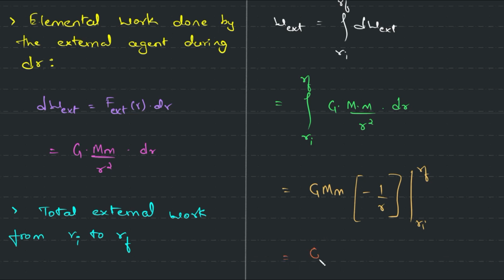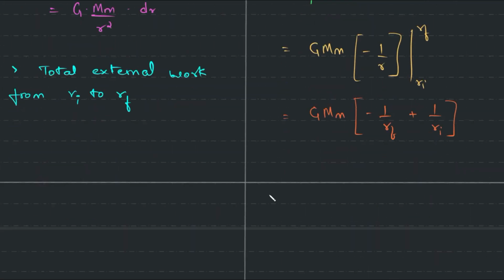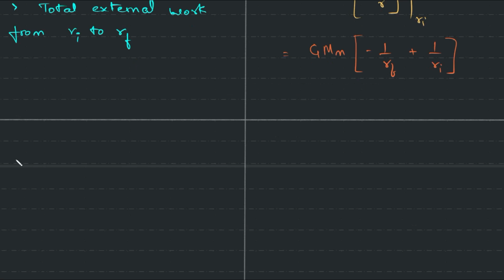So this is basically G M m times minus 1 by Rf plus 1 by Ri. A bit of rearrangement and you will end up with minus G M m times 1 by Rf minus 1 by Ri.